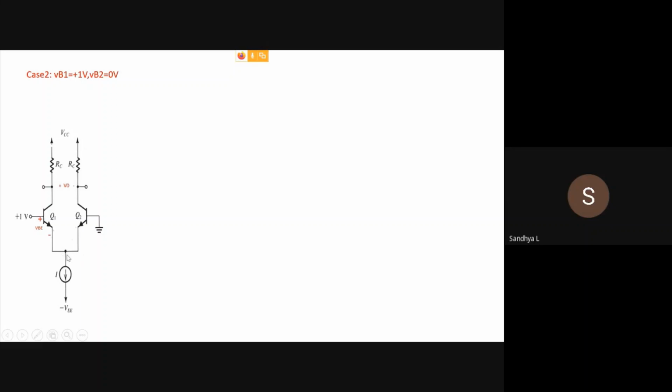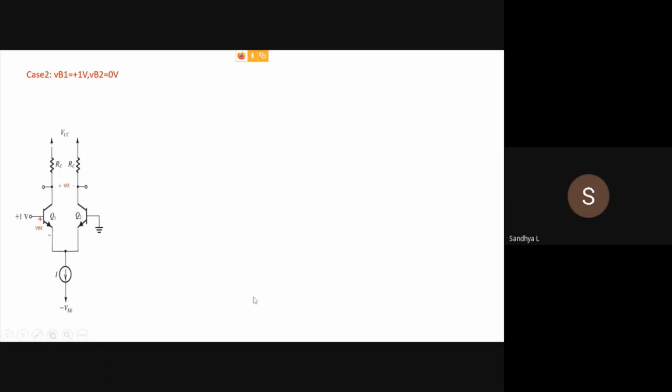So in order to find the emitter voltage, we have to first find out the base emitter voltage of Q1. Since Q1 is on, the base emitter voltage of Q1 will be 0.7.